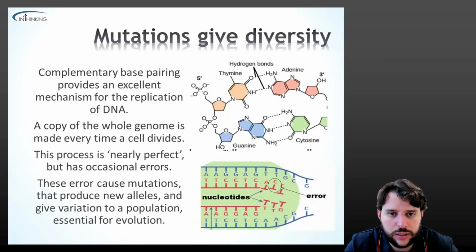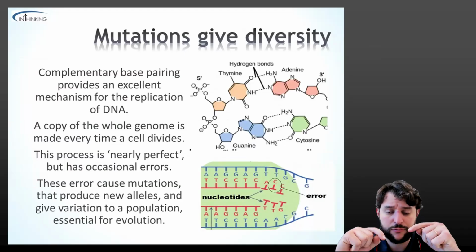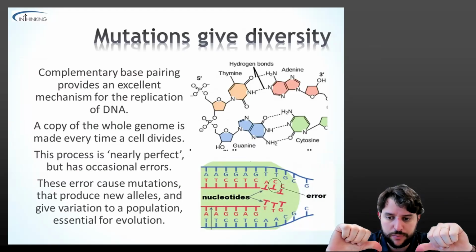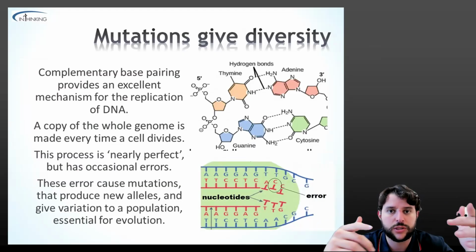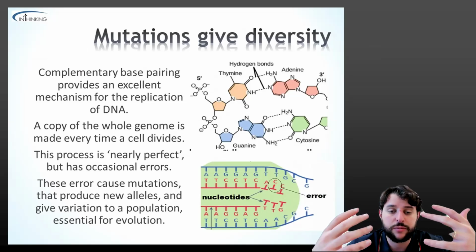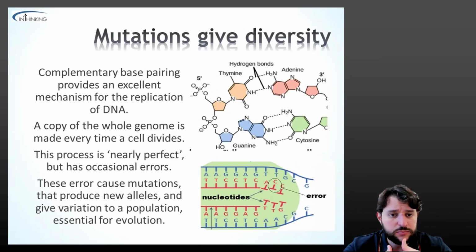Okay, now talking about mutations and diversity. So we saw the rule of pairing. If you have a change in the pair, if you have a change in the letters that make up the DNA, this is what we call a mutation. You're creating a new possibility. You're creating a new diversity. Usually, this diversity is bad for you. It's going to create trouble. It's going to disrupt some system in the cell. But sometimes they might be beneficial. If they're beneficial, they're going to continue in the population.